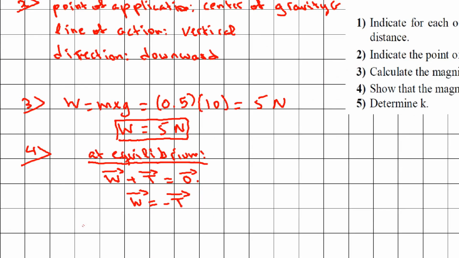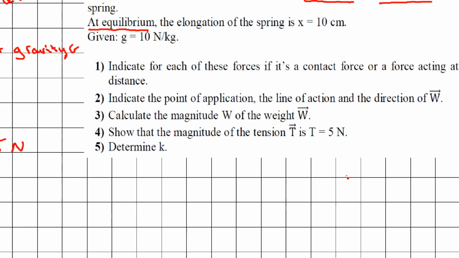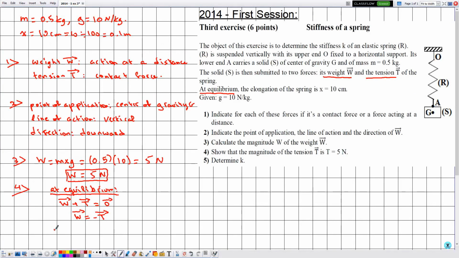So the first equation tells us that both W vector and T vector act on the solid S to cancel each other, whereas the second equation tells us that both W vector and T vector have the same line of action, opposite direction, and same magnitude. Since we are interested in calculating the magnitude of the tension T, let's say in magnitude that the weight is equal to the tension.